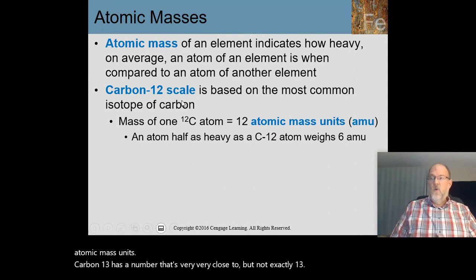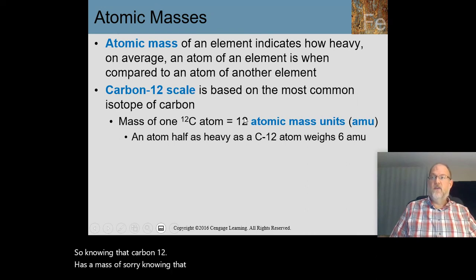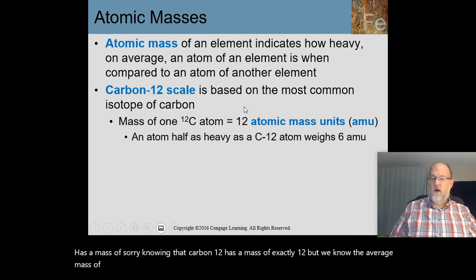So, knowing that carbon 12 has a mass of exactly 12, but we know the average mass of carbon is a little over 12, that means there's some very small amount of the other isotopes.